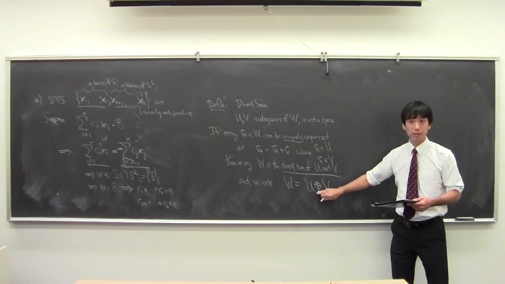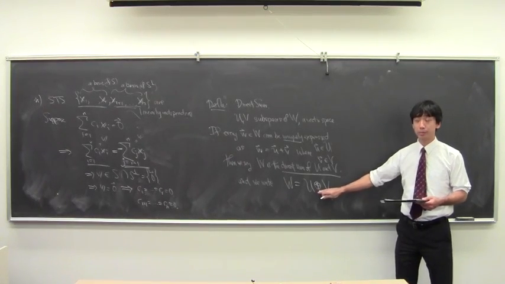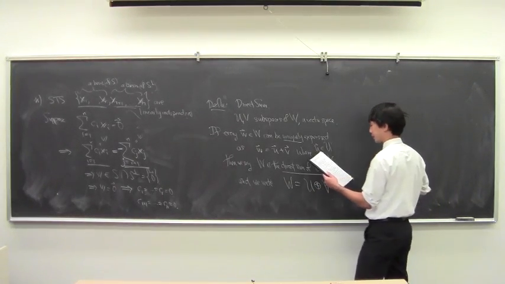So this is the symbol for direct sum, right? This plus with a circle around it.